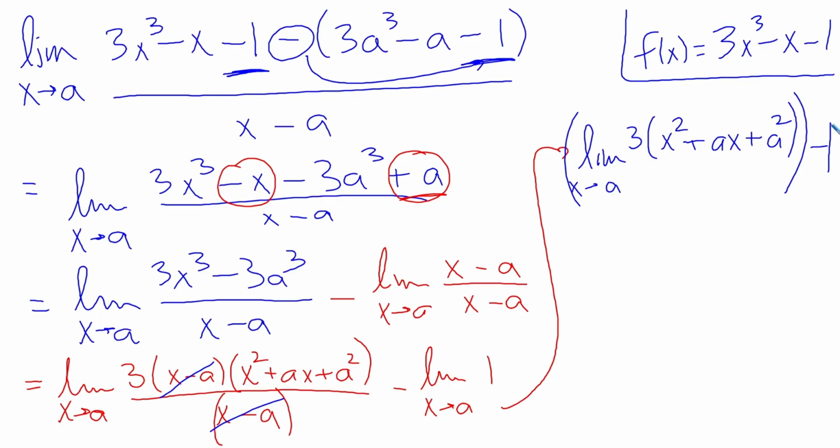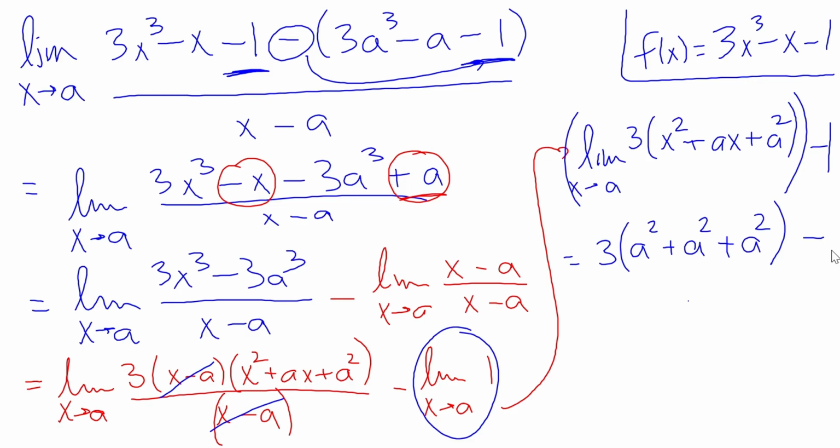So we'll subtract the 1 part because the limit as x approaches a of 1 is just 1. And now we can evaluate. This becomes 3 times a squared plus, well, a times x is approaching a is a times a, so that's a squared. And a squared is still a squared. And then minus 1. And now we have 3a squared inside our parentheses, giving us 9a squared minus 1 in the end.